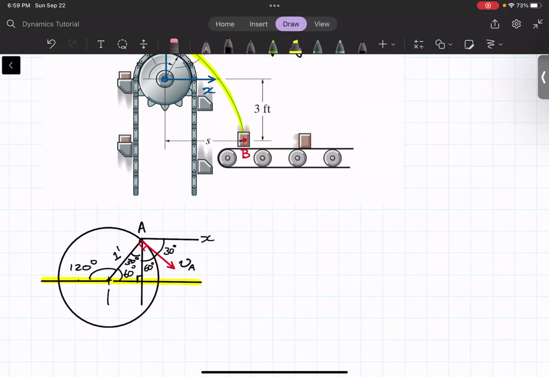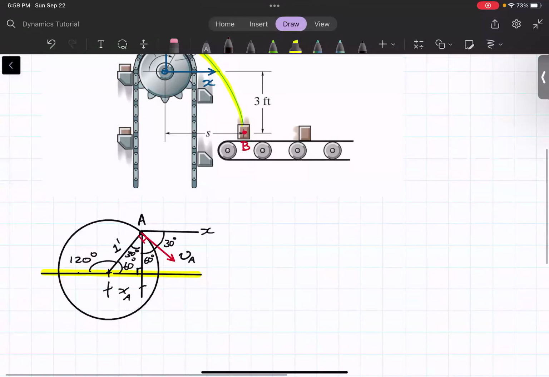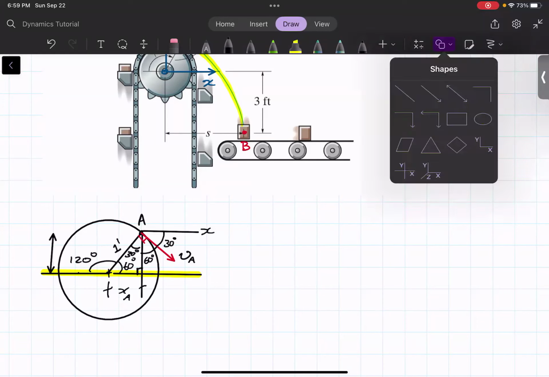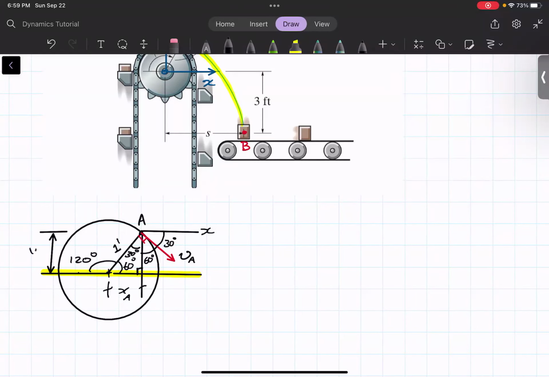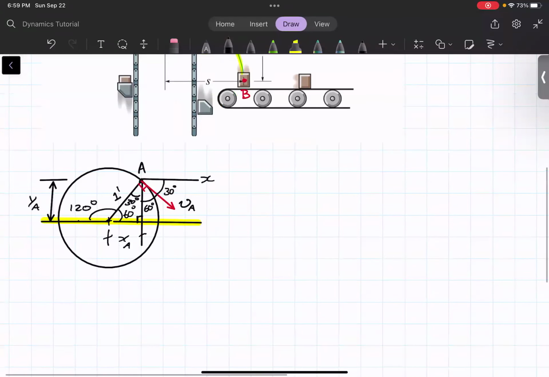We need to find the XA coordinate and then the YA coordinate measured with respect to our reference frame. XA will be 1 sine 30, and YA will be 1 cosine 30.